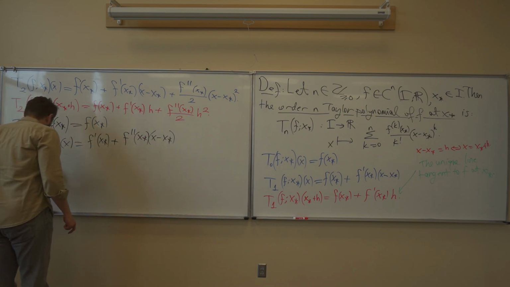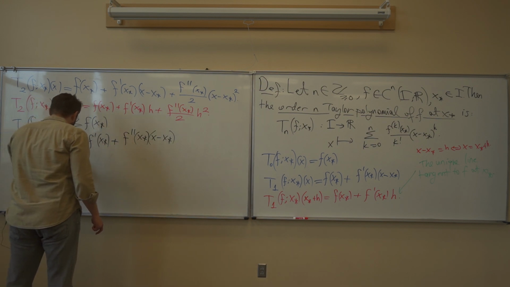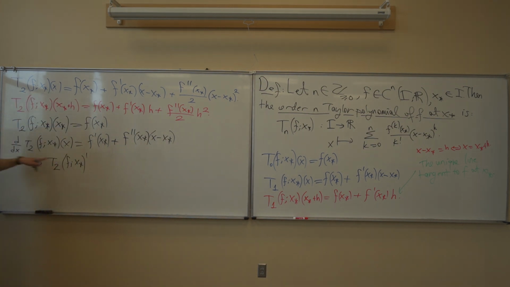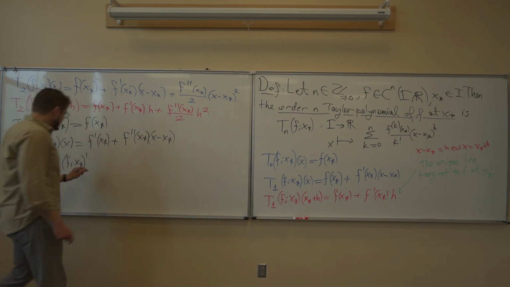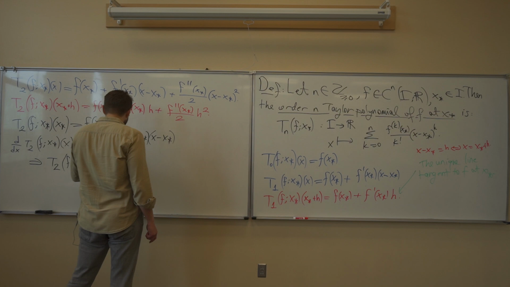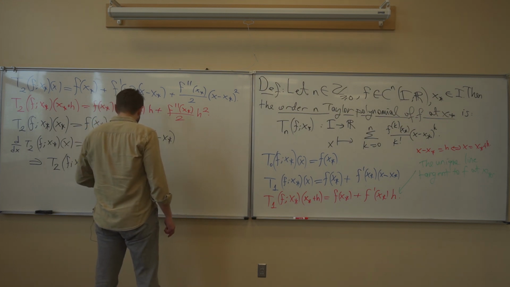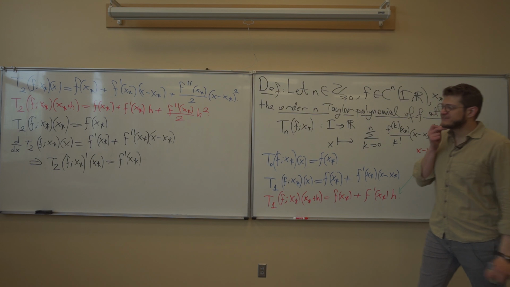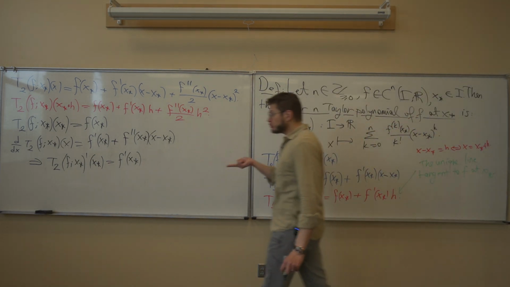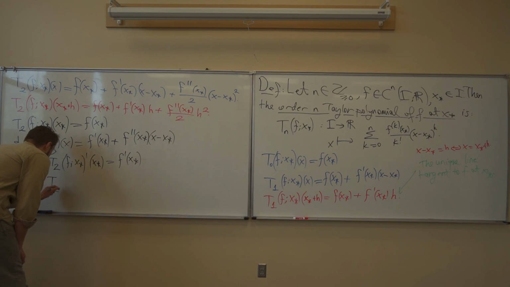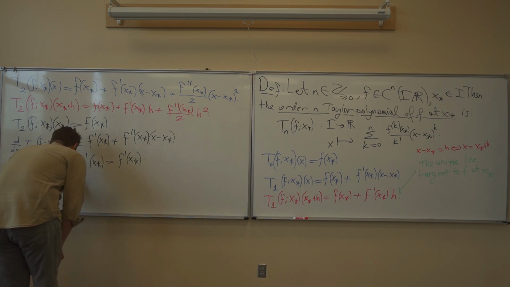So t sub 2 of f comma x star prime, that's an abbreviation for this, evaluated at x star is the same thing as f prime of x star. And of course, if I were to differentiate the second Taylor polynomial 2 times and then evaluate, I would get back the second derivative of f at x star also.